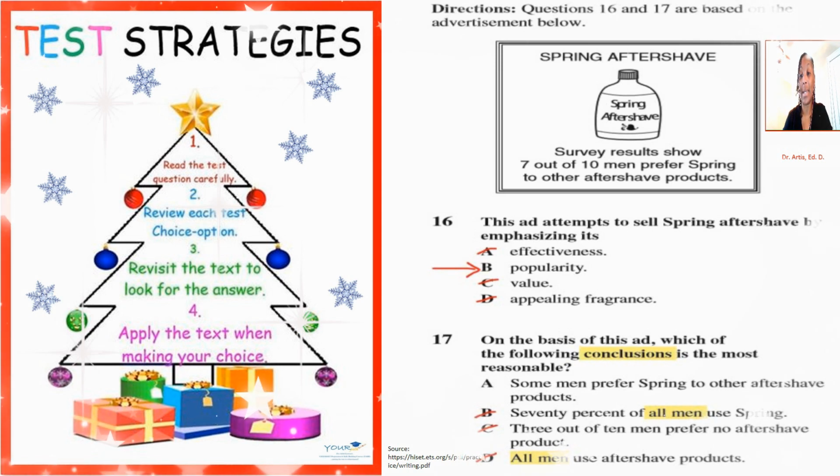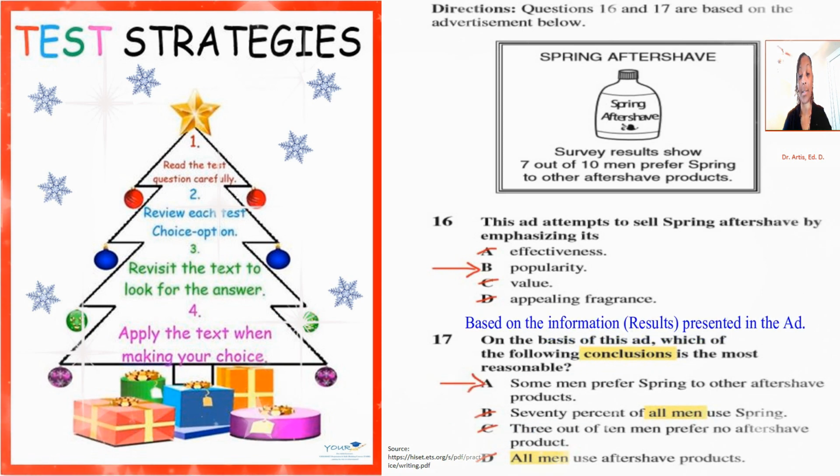So having eliminated options B, C, and D, we know that option A is the correct choice. And it is a conclusion in which we can draw because some men, which represents 7 out of the 10, prefer spring to other aftershave products.